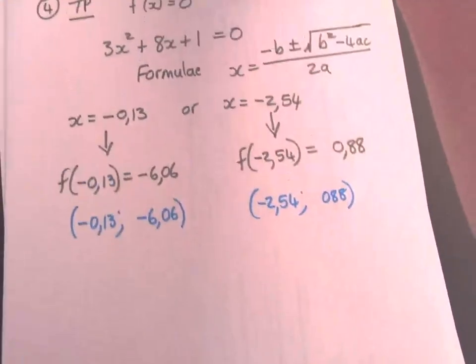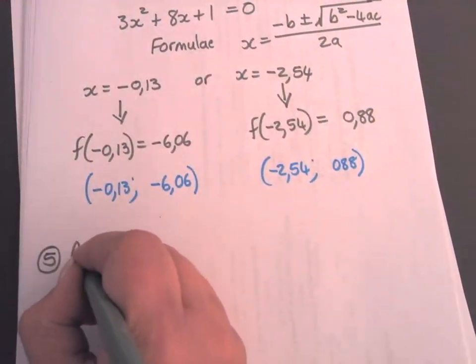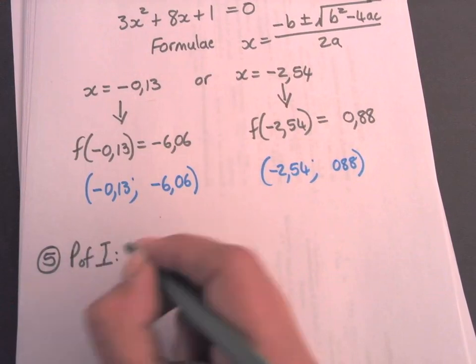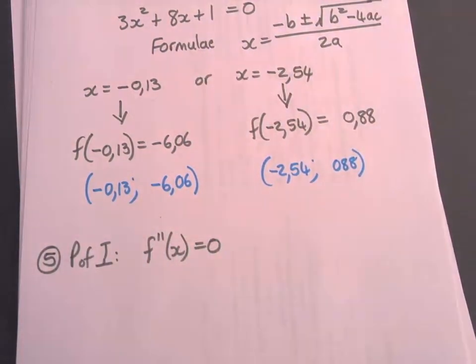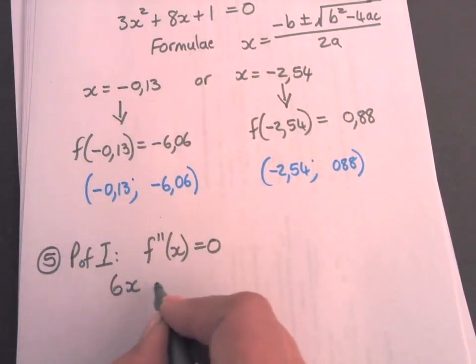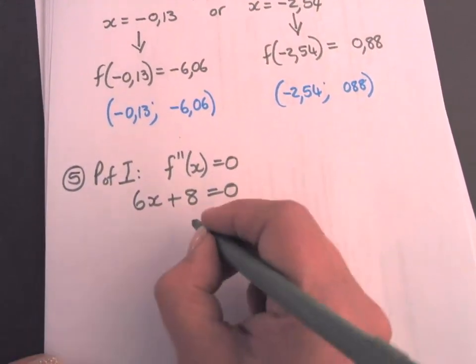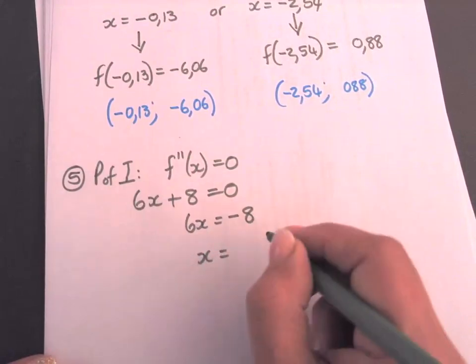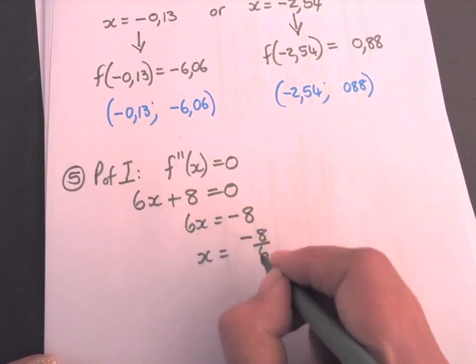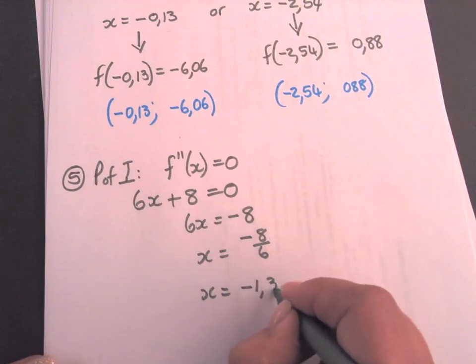Now I need to get the point of inflection. You take the second derivative and set that equal to 0. The second one was 6x plus 8 equals 0. So 6x equals negative 8, and x will be negative 8 over 6, which will give you minus 1,33.